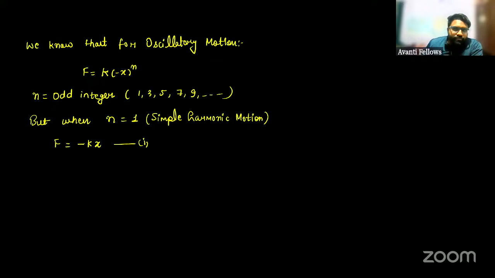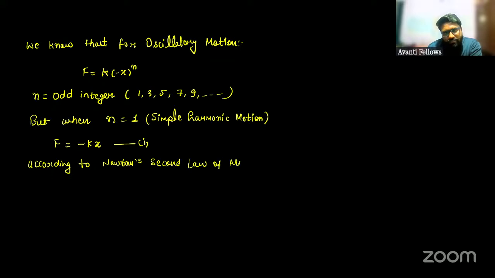अब यहाँ पे if you want to calculate the acceleration, so we know according to Newton's second law of motion, this F is equals to minus kx में we can put F is equals to ma, which is also equals to minus kx. Now from here acceleration is nothing but minus k upon m into x.